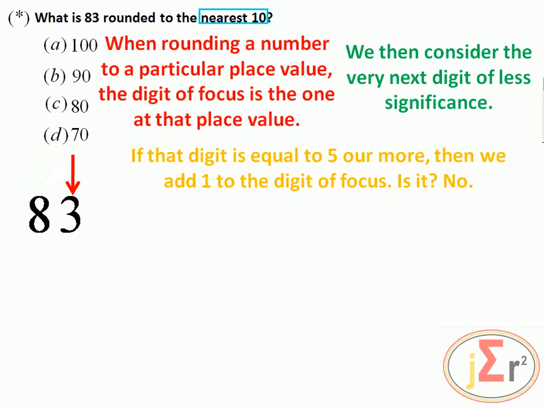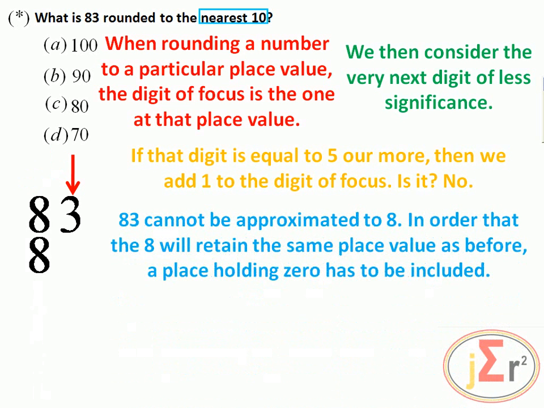Is it? No, it is not. Do we add 1 to the 8? No. So the 8 will be returned as it is. 83 cannot be approximated to 8. In order that the 8 will retain the same place value as before, a place holding 0 has to be included.